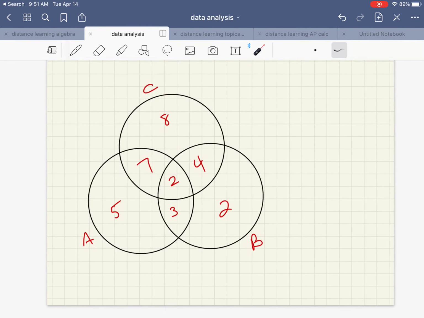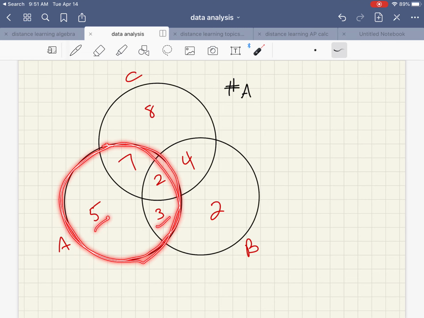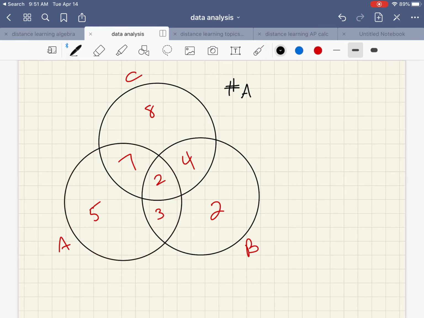Here's a slightly more complicated scenario where we have 3 sets. The number in A. Here's A. I'm going to add up all of those pieces together. So 5 plus 3 plus 2 plus 1 plus 7. 5 plus 3 plus 2 is 10 plus 7 is 17.